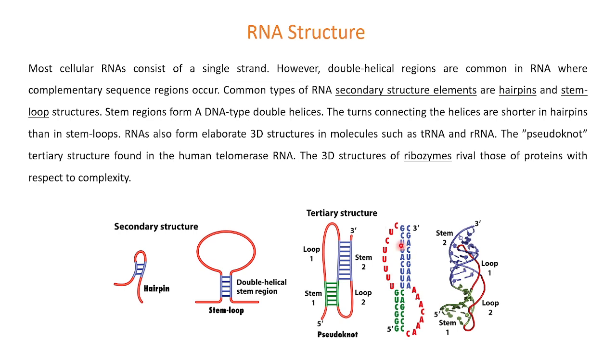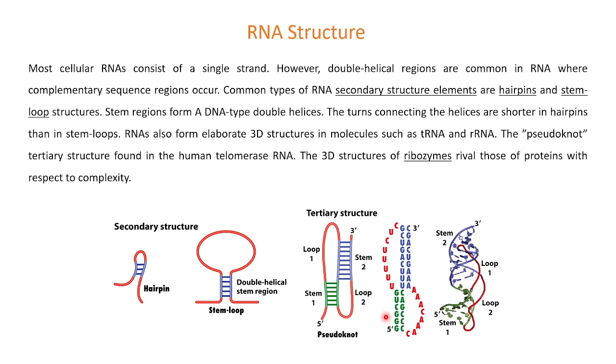You see complementary sequences coming over each other forming different types of secondary structures. The common types of RNA secondary structures are hairpins and stem loop structures. The stem regions form DNA-type double helices. The turns connecting the helices are shorter in hairpins than in stem loops.